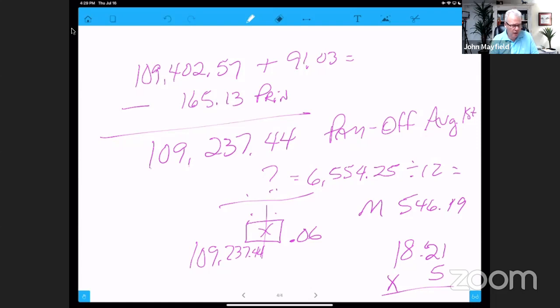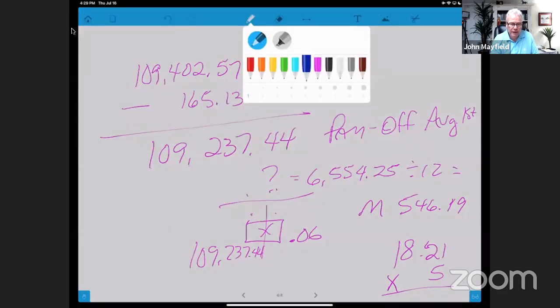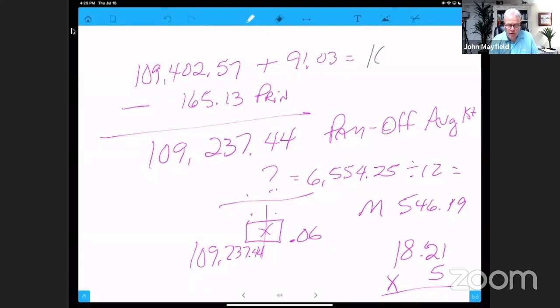Then we take $109,402.57 and subtract, so the payoff will be 109,493.60. I'm just going to double check that. Subtract 91.03, 109,402.57. So that's the answer.